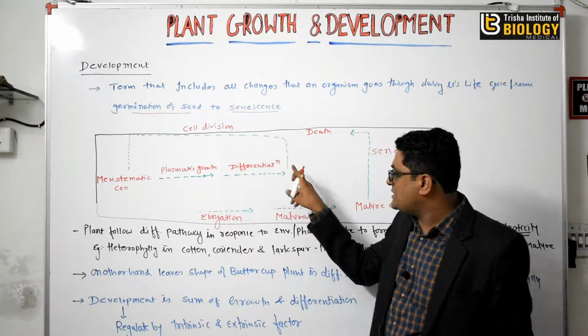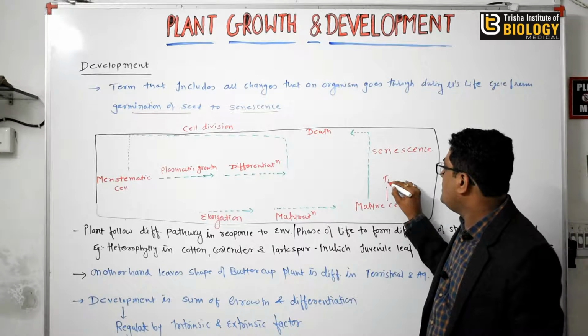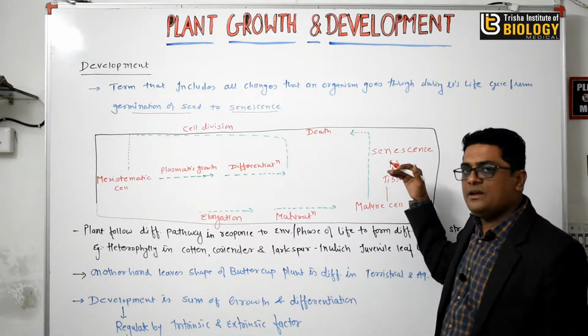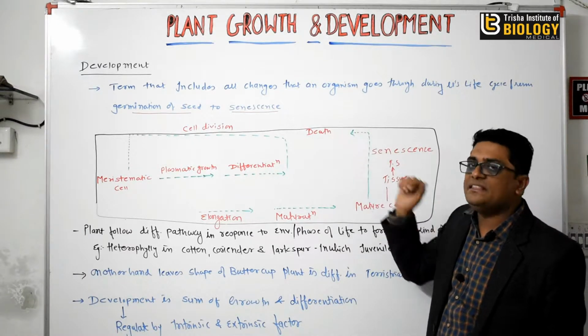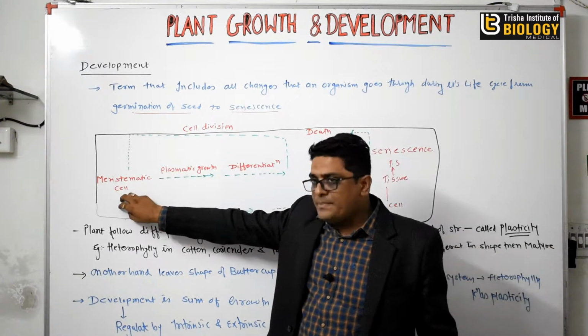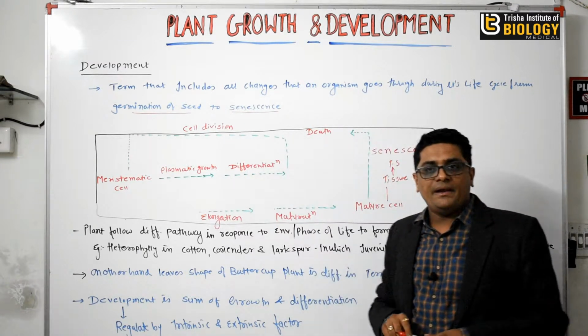After differentiation, the cell gets matured, and these matured cells form tissues, tissue systems, organs and organ systems. Then the cell undergoes senescence, and at the end it leads to death. So from the meristematic cell to death, this whole event is called development.